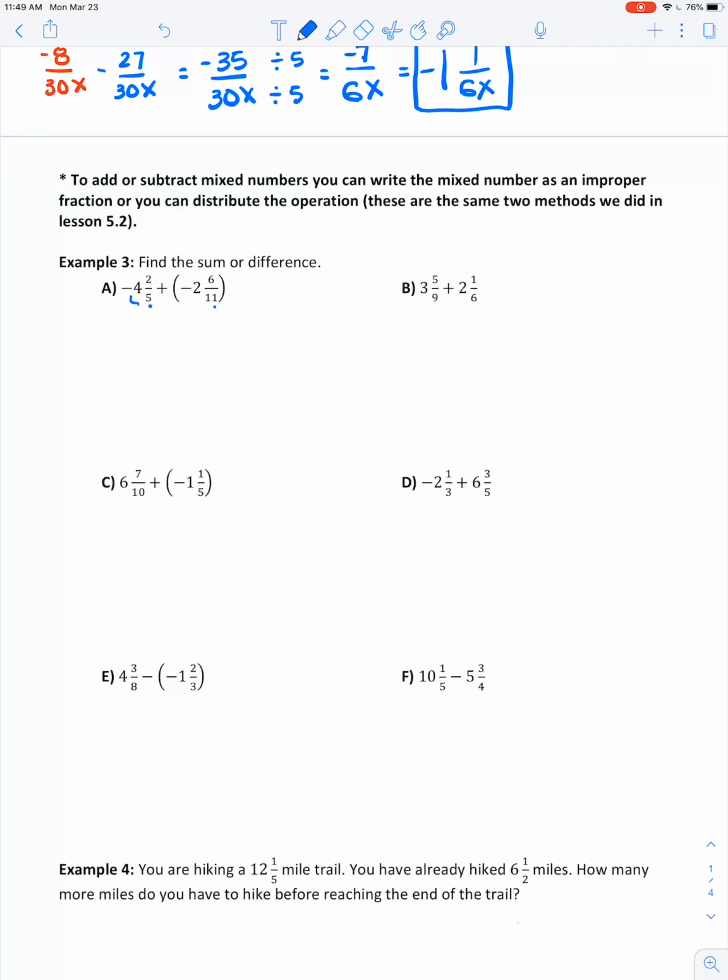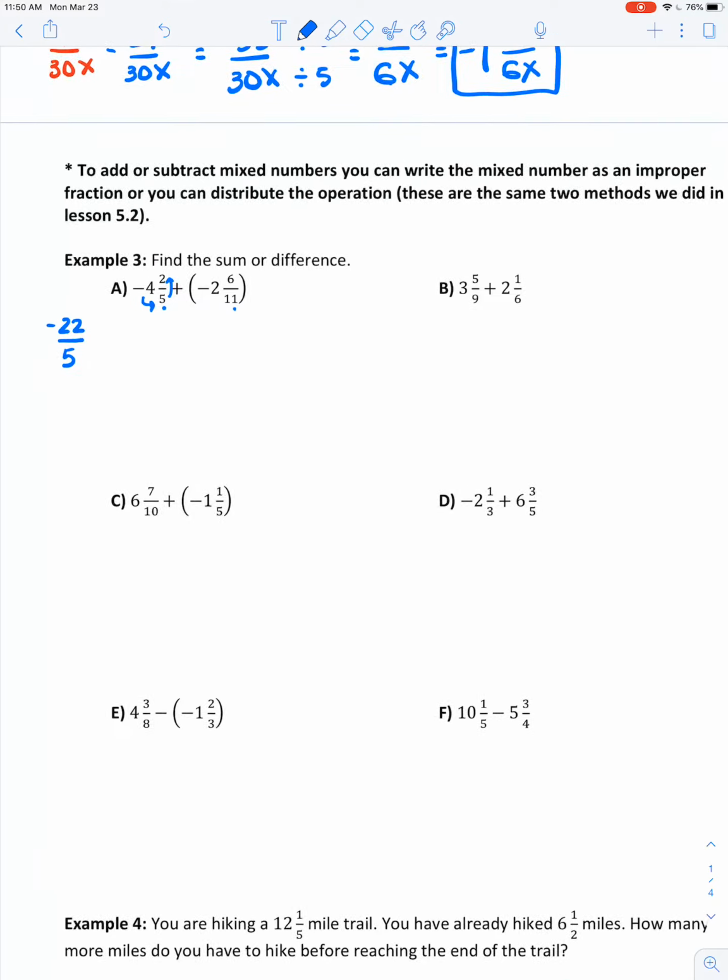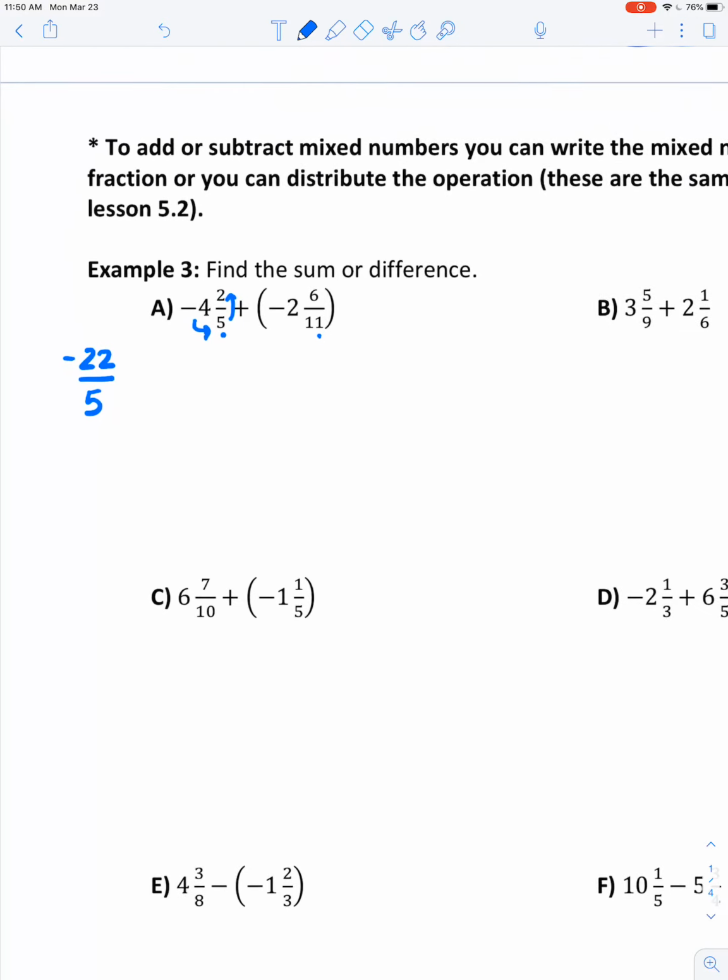So I'm going to take 4 times 5, and then I'm going to add that 2. So 4 times 5 is 20, plus 2 is 22. Now, because this 4 was negative, I'm going to make it a negative 22. And then my bottom number stays the same as a 5. Let me zoom this in here so you can see a little better.